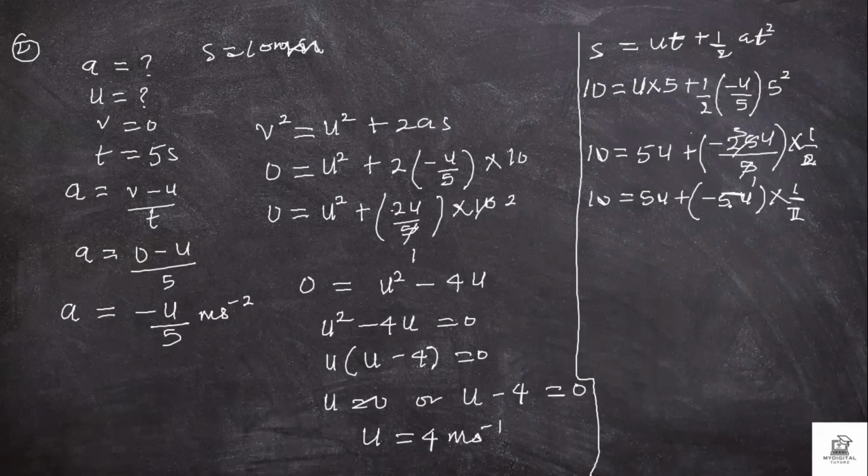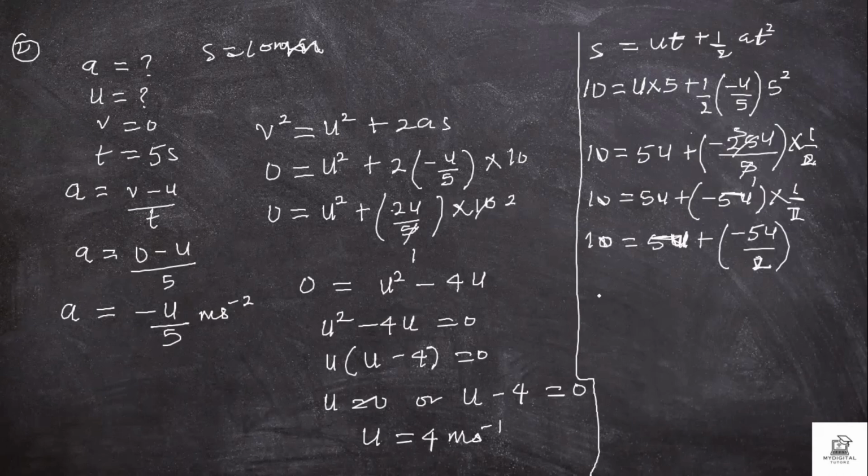So I can as well say that this is the same thing as 10 is equal to 5U plus minus 5U all over 2, just to simplify it. It doesn't need all this longer thing.